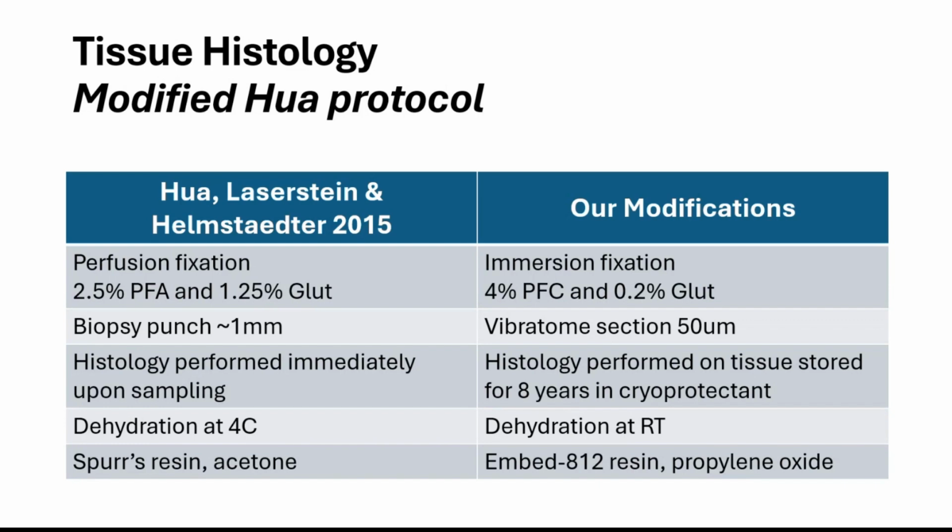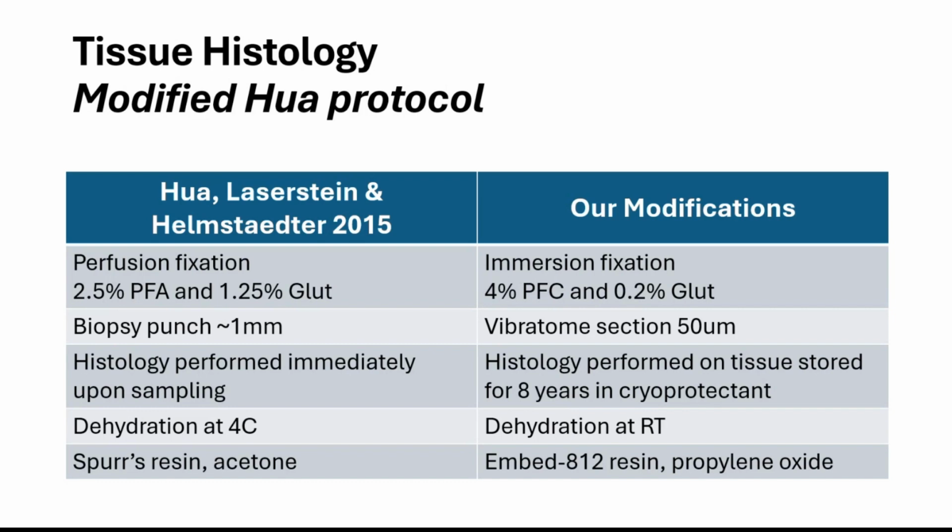So here are some of the differences, the modifications between protocols that we implemented for human tissue. So of course, the 2015 protocol, it was in mice. They used perfusion fixation, 2.5 PFA, 1.25 glute. Of course, in humans, we cannot do perfusion, so this is an immersion fixation.